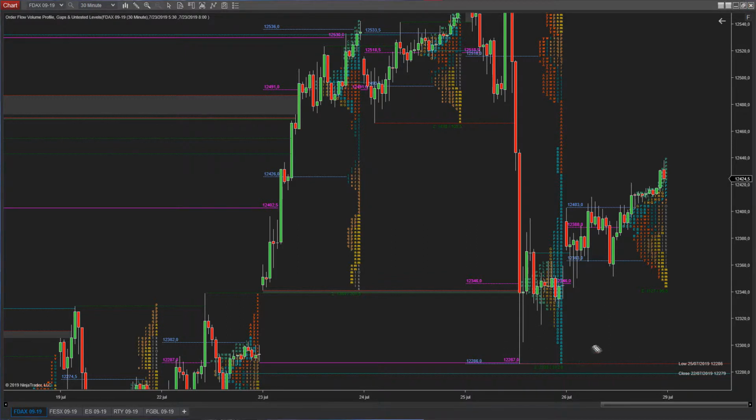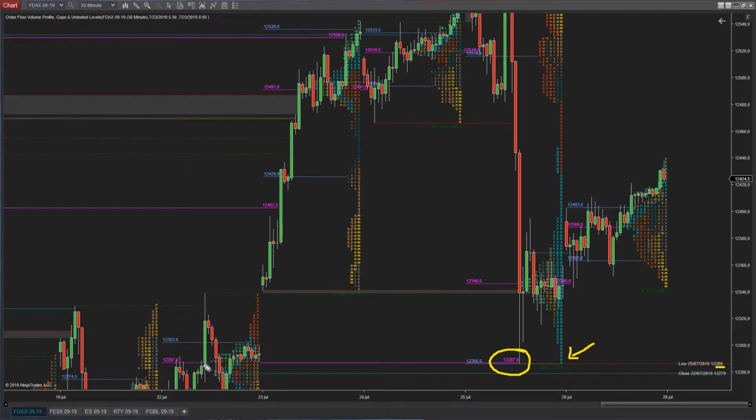Right here already we see what I would call a weak low. Why do I say that? This low was basically exactly, or within one tick, as you can see here, from the point of control, which was on July 22nd.